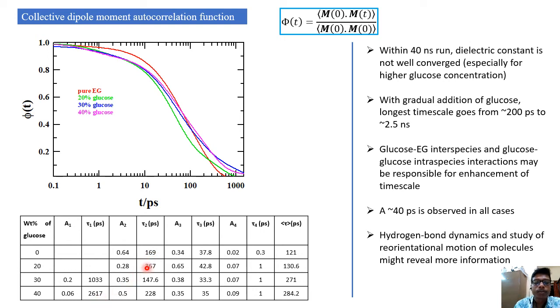So this enhancement of the timescale may be due to the glucose-ethylene glycol interaction and glucose-glucose interactions. A 40 picosecond timescale is observed in all cases. Hydrogen bonding interaction and reorientation of molecules can significantly contribute to these timescales.